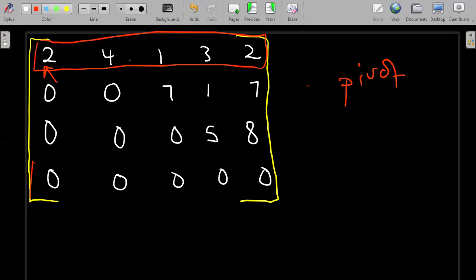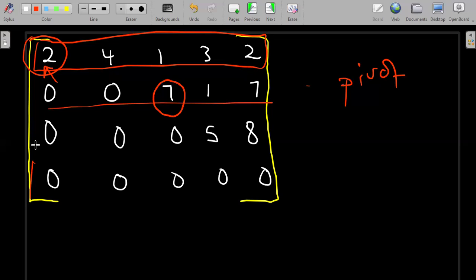In this first row, the leading coefficient is this 2. In this second row, the pivot is the first non-zero entry, which is 7. So we are going to say that is our pivot.